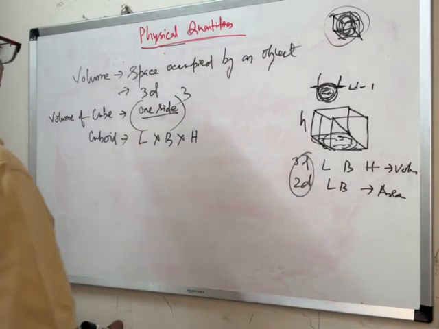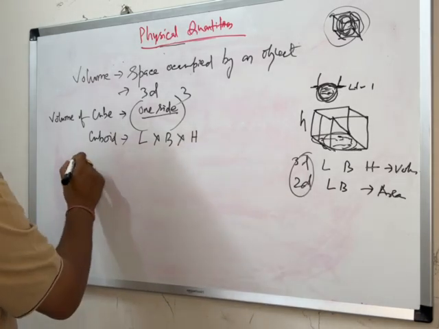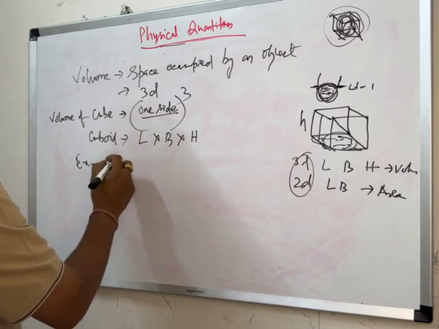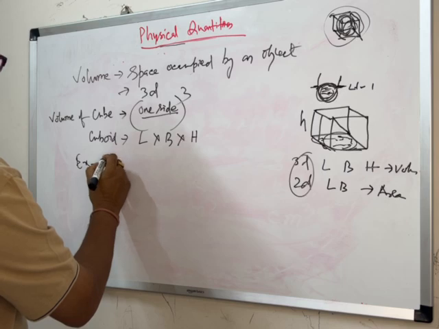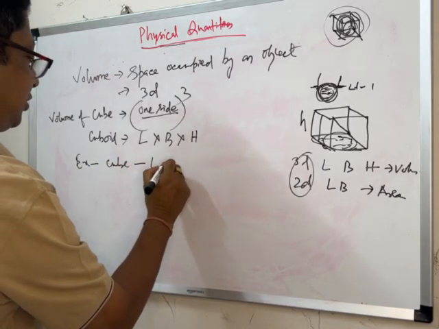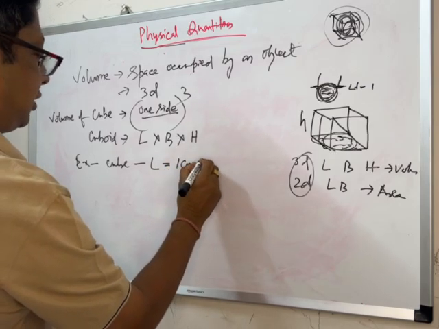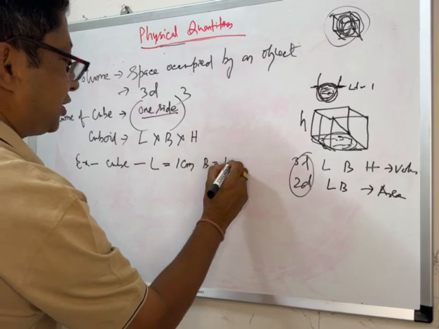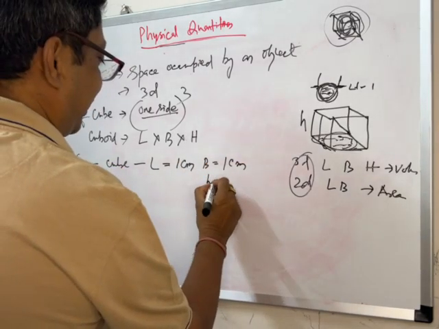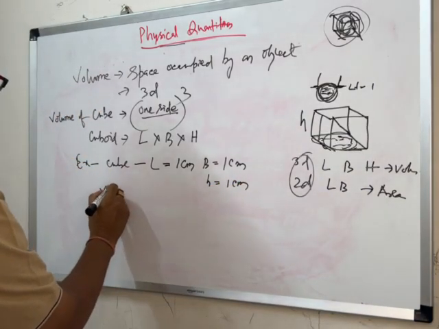Getting my point? So cuboid. Then, how will we calculate, let us consider one example. One cube having length equal to 1 centimeter, and breadth will also be 1 centimeter because it is a cube, equal length, breadth and height, 1 centimeter. So what will be the volume of the cube?